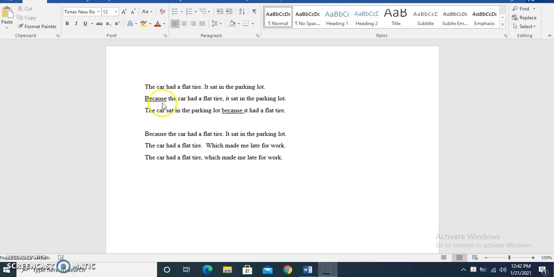So what I see a lot is a situation like this. In our second example here, the way we have it punctuated is perfectly fine. Because most of the time, when you have a subordinating conjunction at the beginning of a sentence, you'll want to connect that subordinating clause to an independent clause.